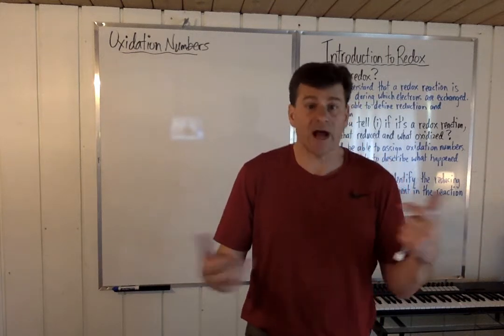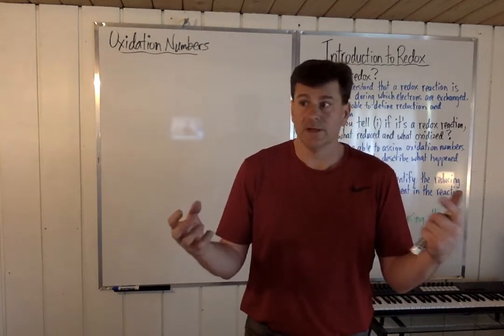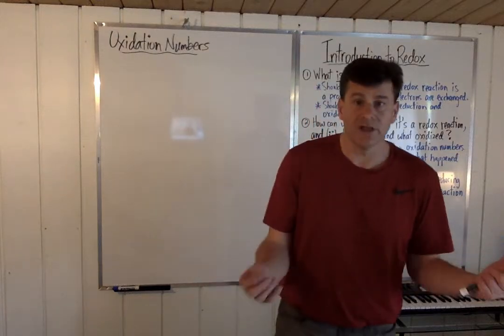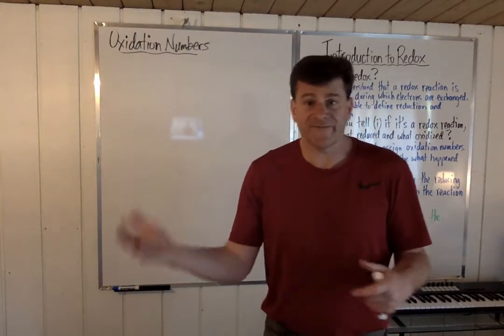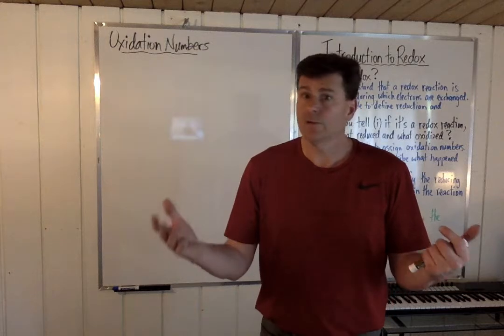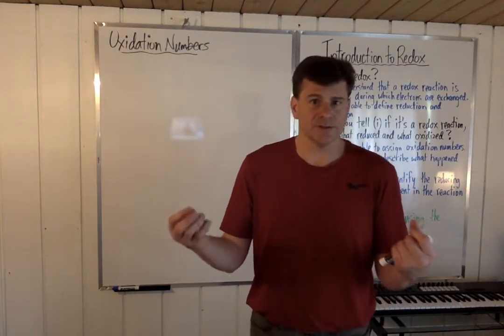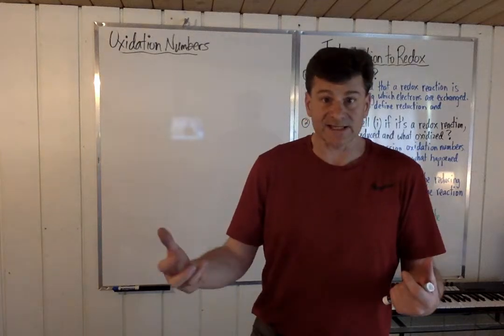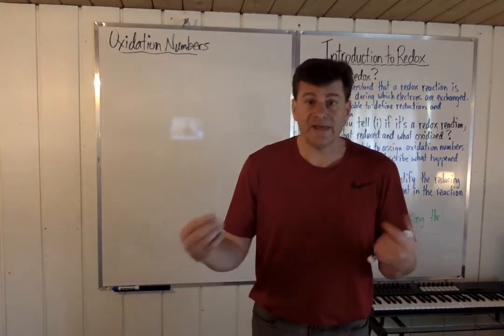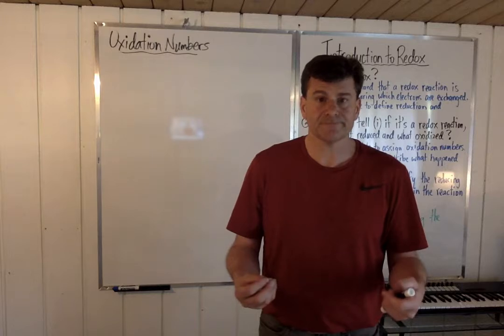It was along for the ride. It was a spectator. It didn't really participate in the redox reaction. But if something went from +5 to -1, that's a reduction. It reduced. Not only did it reduce, but it reduced by 6, which means that atom picked up 6 electrons.